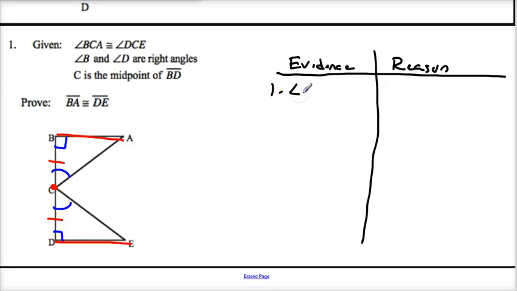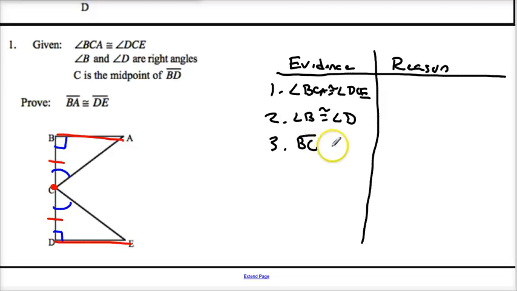I know angle BCA is congruent to angle DCE. 2, I know angle B is congruent to angle D. 3, I know BC is congruent to CD.